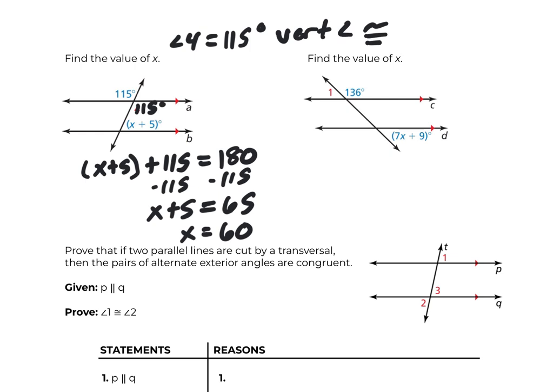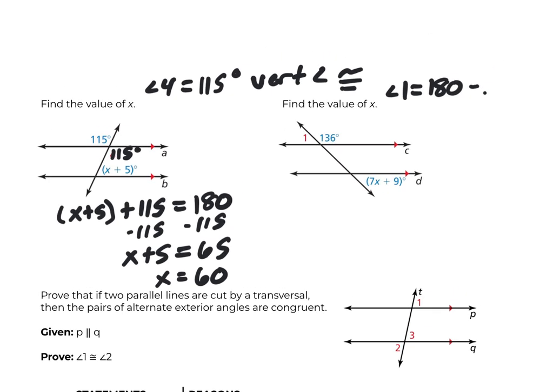So because they make a line, in order to find angle 1, I can do 180 minus 136. Okay? 180 minus 136 would be 44. Okay, so angle 1 equals 44 degrees.